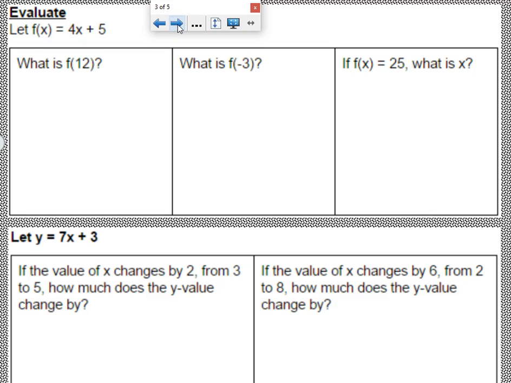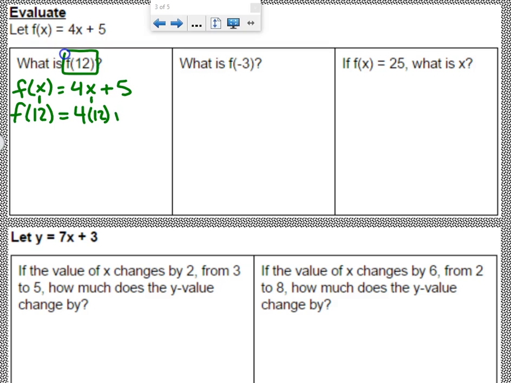Evaluate. Let f of x equals 4x plus 5. So what is f of 12? Remember, if we just rewrite f of x equals 4x plus 5, and we put f of 12 below, you can see that the x and the 12 are lining up, which means after the equal sign, my x should line up with another 12.